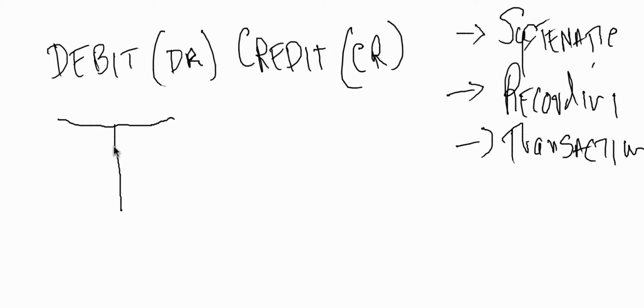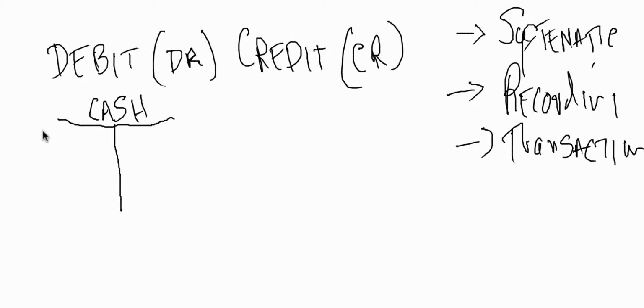We need to take a look at the T account, because that is going to help us define what a debit and a credit is. And if you remember from the last tutorial, we need to name those accounts. Of course, we'll just name it anything. Cash is fine.